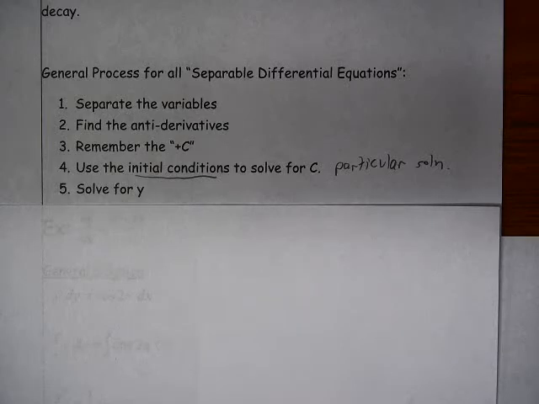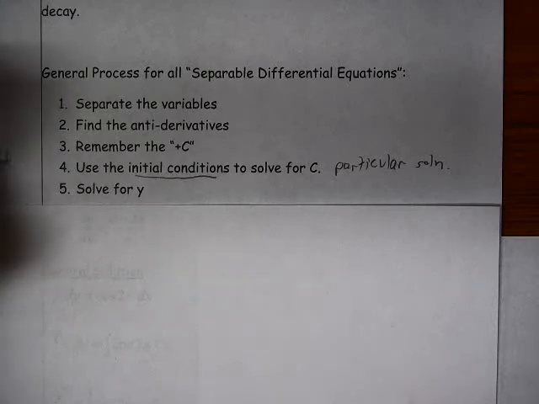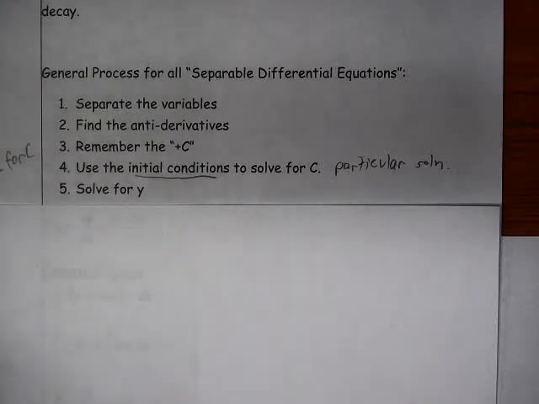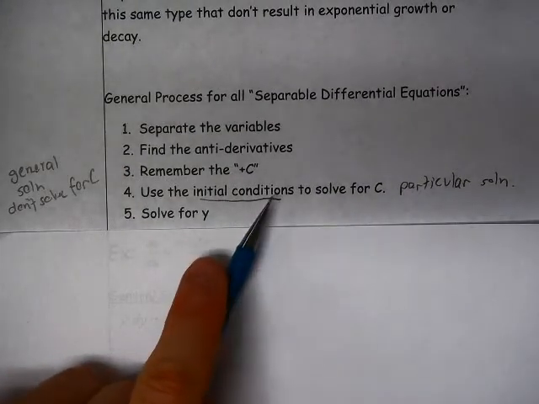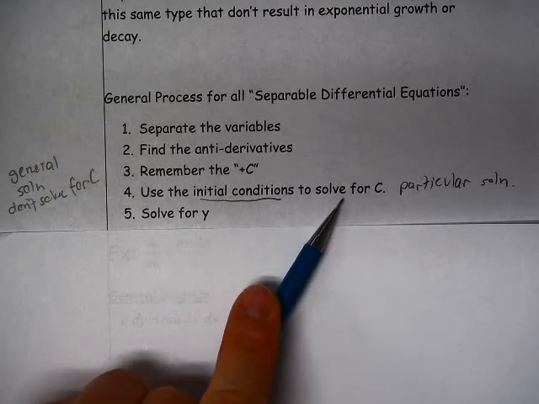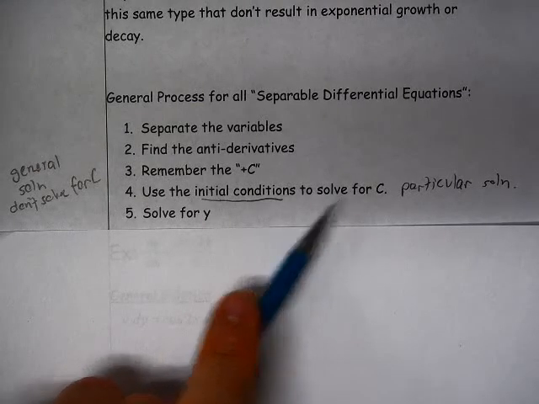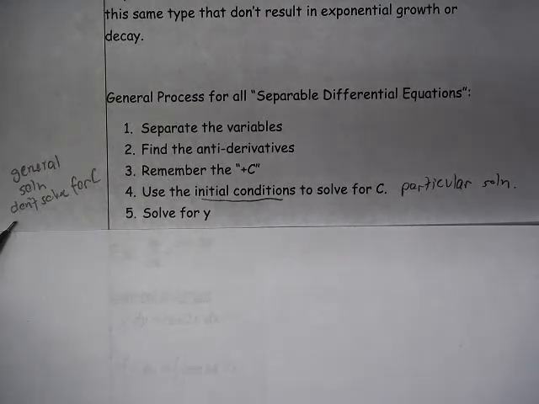And if they don't give us initial conditions, we won't solve for c, and that will be the general solution. So for the particular solution, we're going to be given initial conditions and asked to solve for c. But for the general solution, we won't be given initial conditions, and so then we can't solve for c.